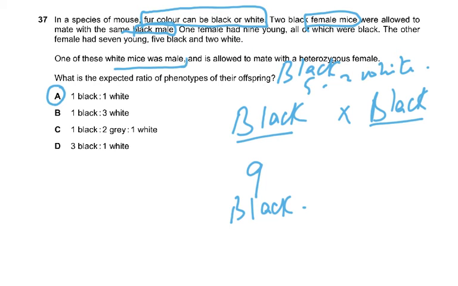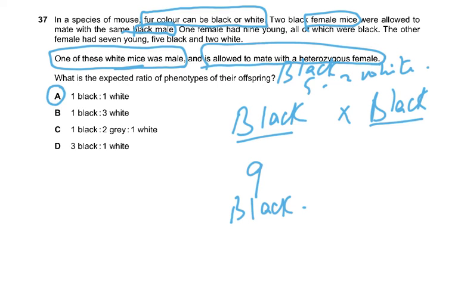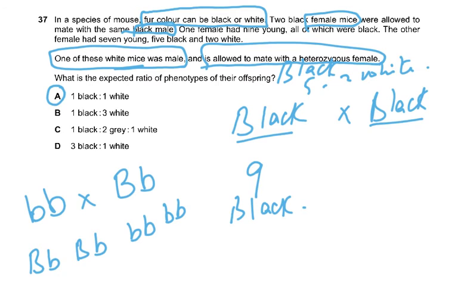One of these white mice was male and is allowed to mate with a heterozygous female. What is the expected ratio of phenotypes of their offspring? We need to understand this question very carefully. There were only two white.